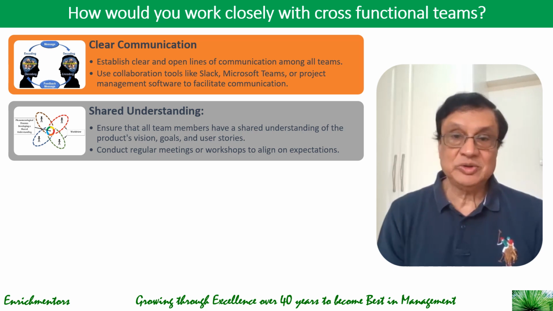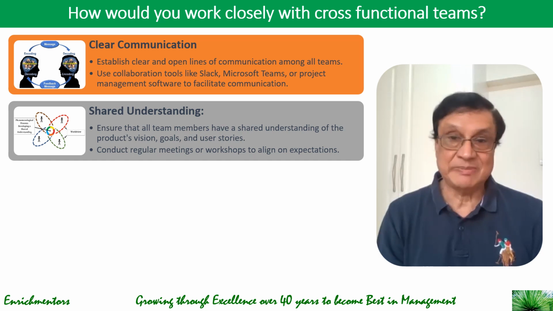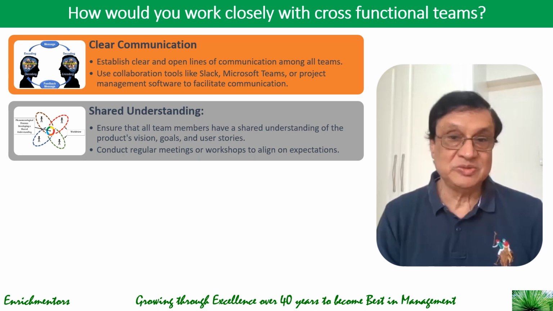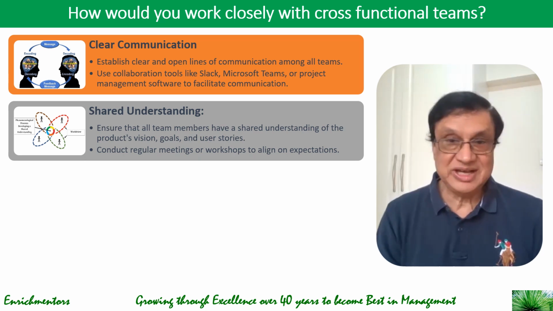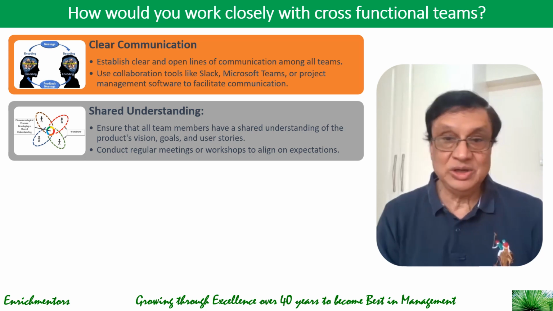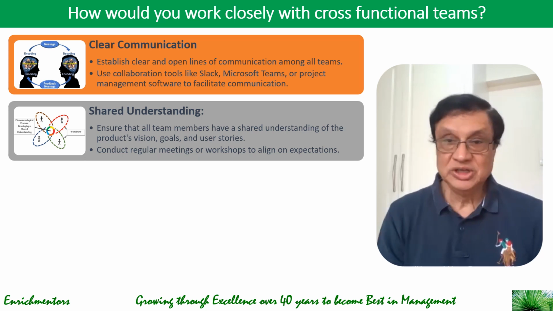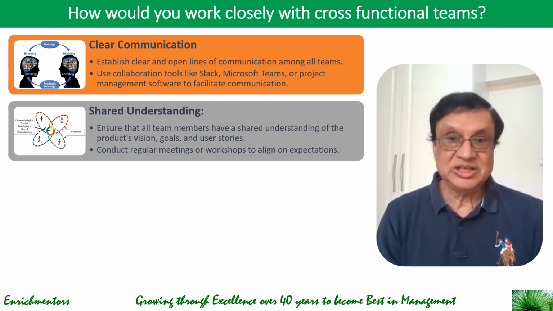So everyone in the working team needs to understand those user stories, acceptance criteria, the goals, the vision, the features that need to be delivered. And then for this shared understanding, you need to have regular meetings or workshops to align the expectations and keep moving forward.